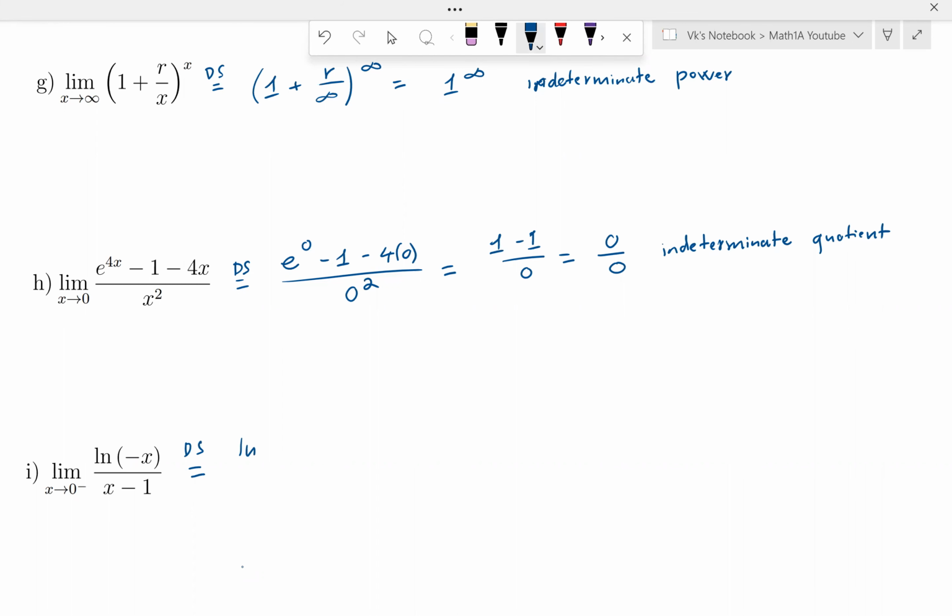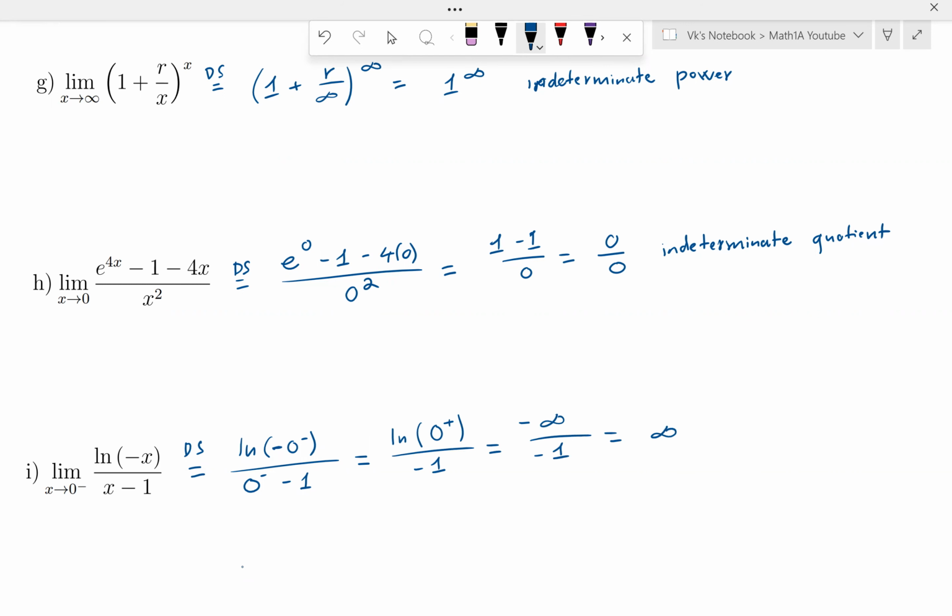So it's ln of 0 on the right side, over 0 on the left side minus 1. ln of negative of a negative number is positive, so 0 on the right side gives negative infinity, over negative 1.